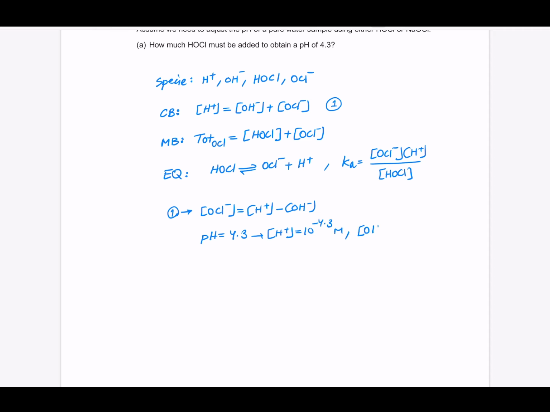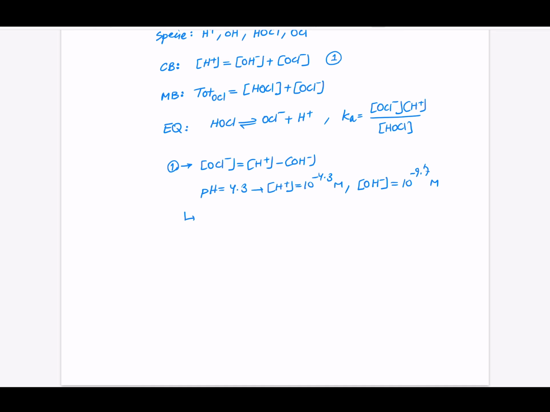And so OH minus is 10 to the minus 9.7 molar. So based on this, the OCl minus concentration would be 10 to the minus 4.3 minus 10 to the minus 9.7. As you see, this value is significantly smaller than this, so we can ignore it. So the OCl minus would be almost equal to 10 to the minus 4.3 molar.